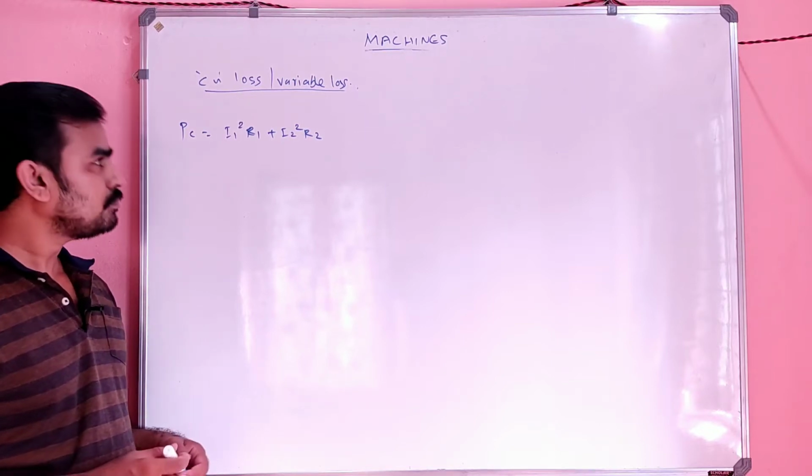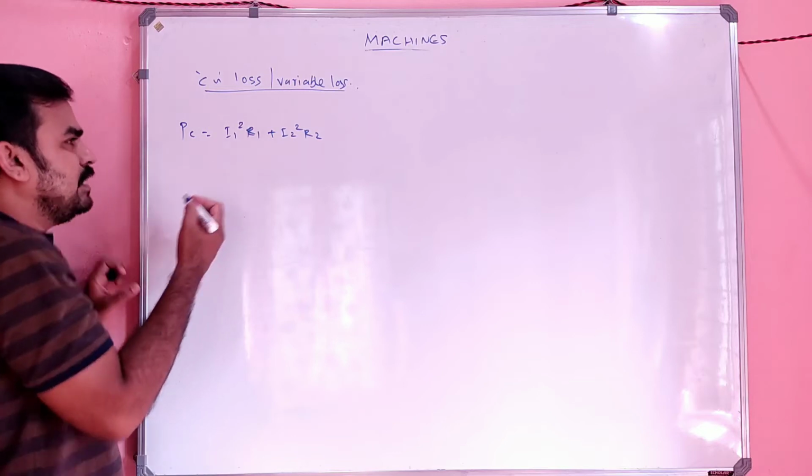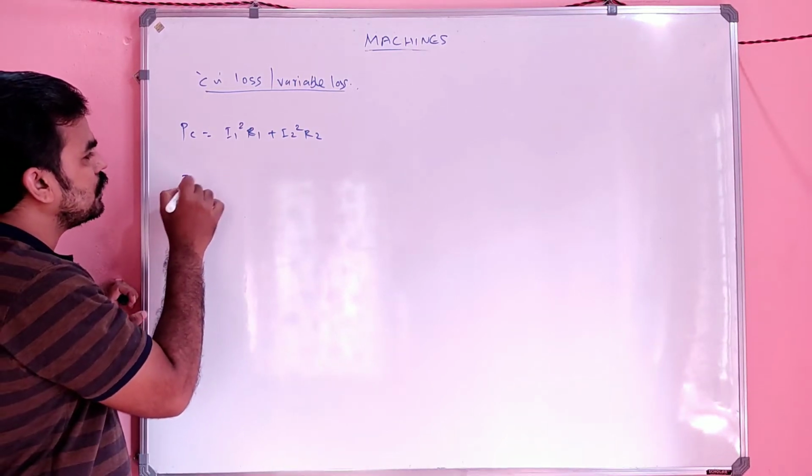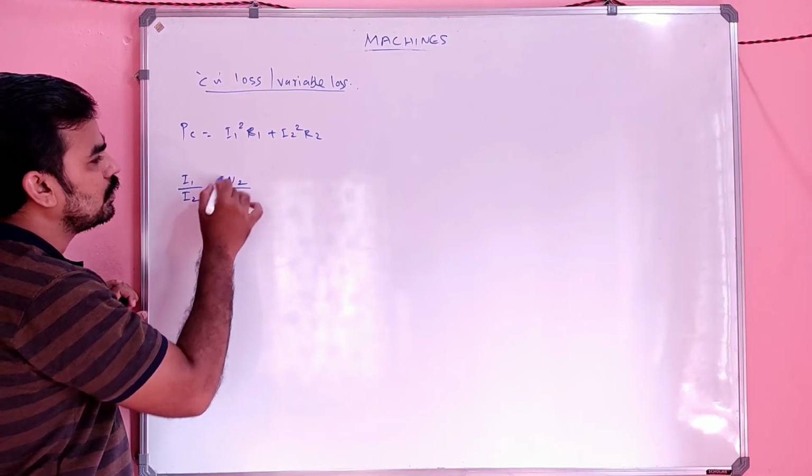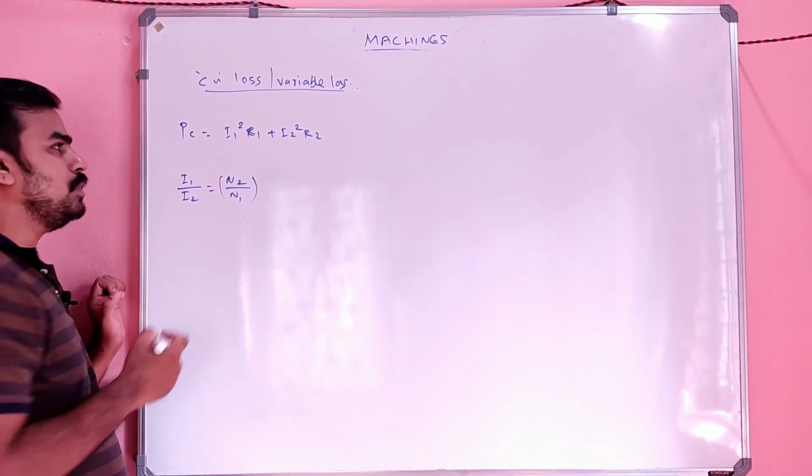Am I right? Also we have the equation I1 by I2 is equal to N2 by N1.